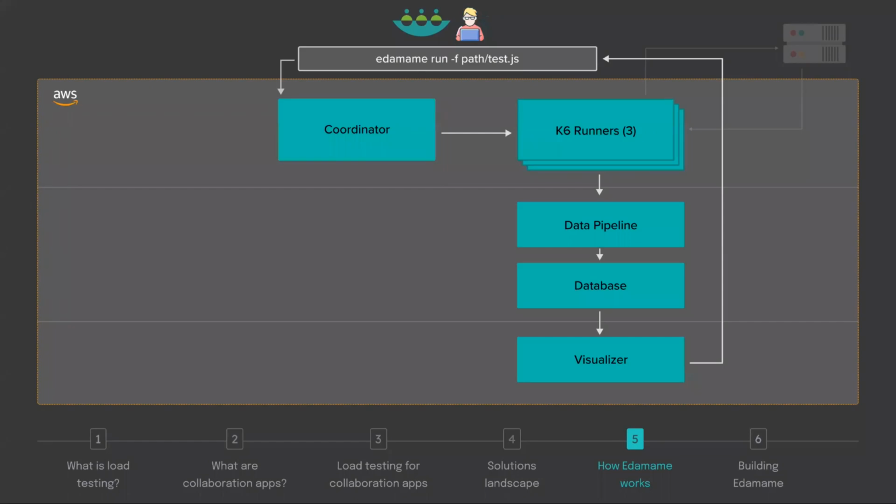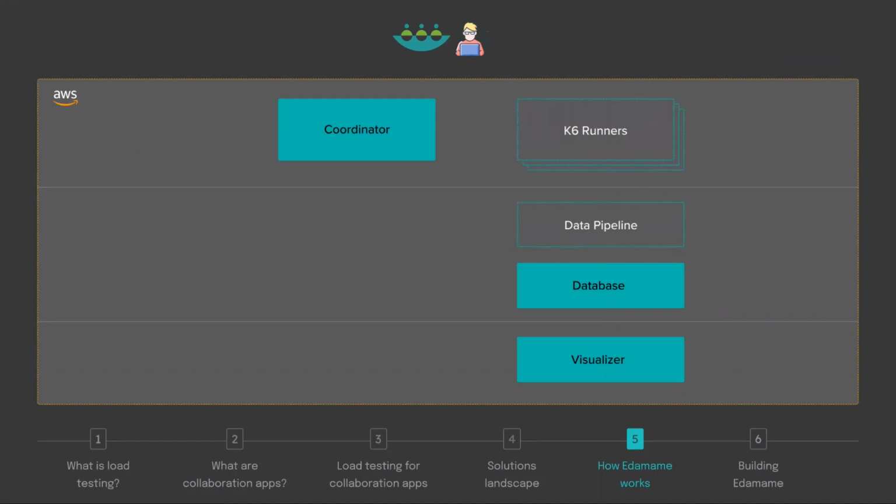Finally, the visualizer grabs the data from the database, which gives the user access to a dashboard that they can use to see live results. Once the test is done, any components for the load test are scaled down, and we're back to our initial resting state. So that was a very quick, high-level overview of how Edamame works.